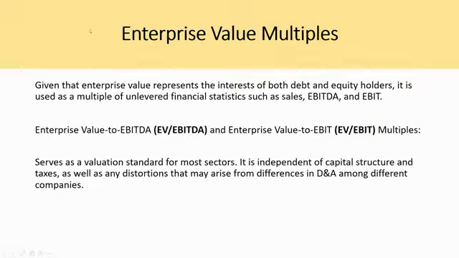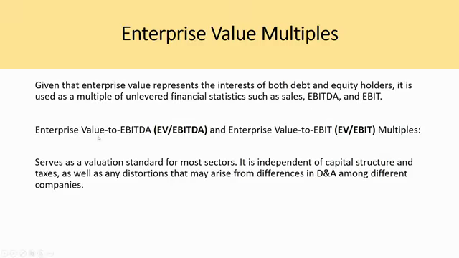Okay, now from an enterprise value multiples perspective, given that enterprise value represents the interests of both debt and equity holders, it is used as a multiple of unlevered financial statistics such as sales, EBITDA, and EBIT. And I talked about this. So for enterprise value, you're looking at EBIT and above, not below. If you're looking below, then net income would be impacted by financing costs, and therefore, you're not looking at a fair apples-to-apples comparison.